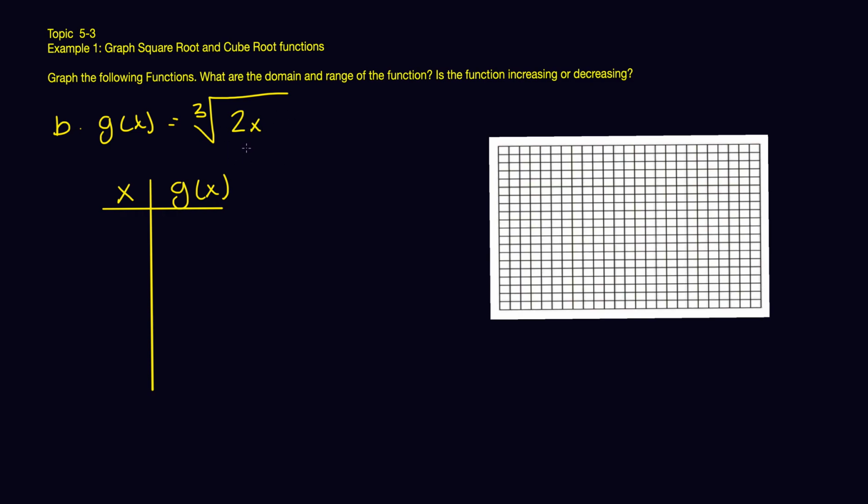I'm going to try to think of something that will multiply to give a perfect cube. I'm going to go with negative 4. So negative 4 times 2 is going to be negative 8. And if you remember, this is just negative 2 cubed. And my answer here is negative 2.